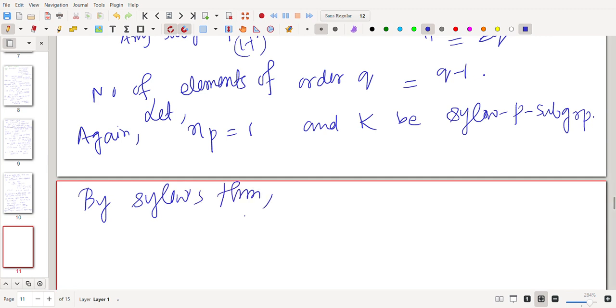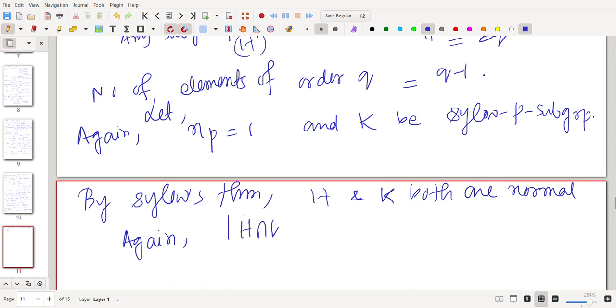By Sylow's theorem, n_p equals 1 as well as n_q equals 1. That will imply that H and K both are normal, because a unique Sylow subgroup is normal, right? H and K both are normal. Again, H has order p, K has order q, or vice versa.